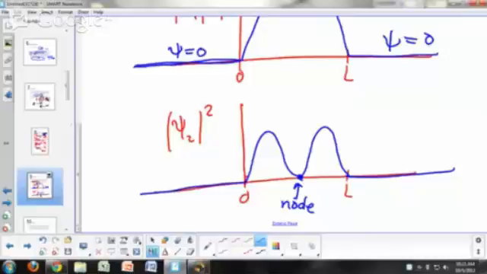Yes, that's a node. Those are generally cases where psi crosses over from positive to negative or negative to positive. Psi still crosses over here and is still 0 at the node. What you're plotting here is psi squared.